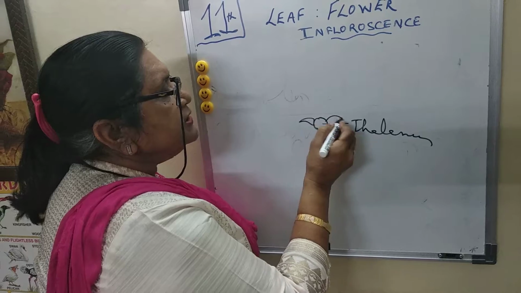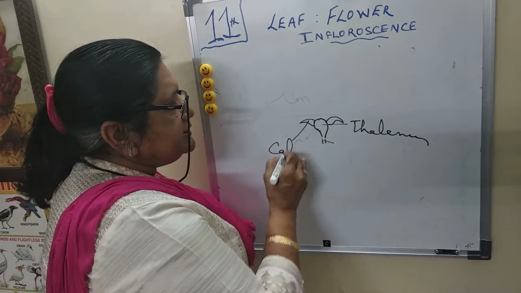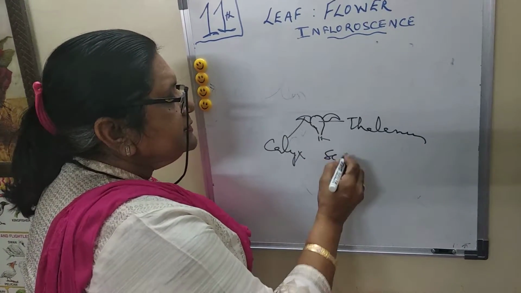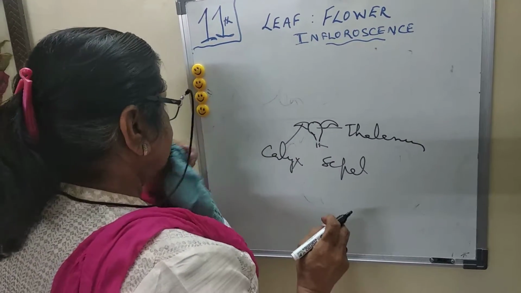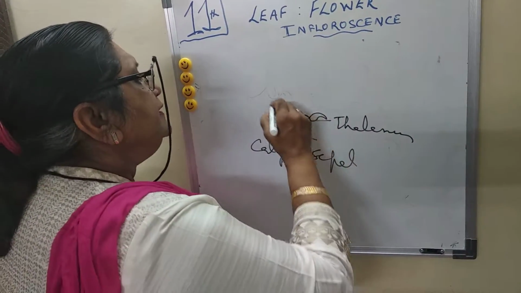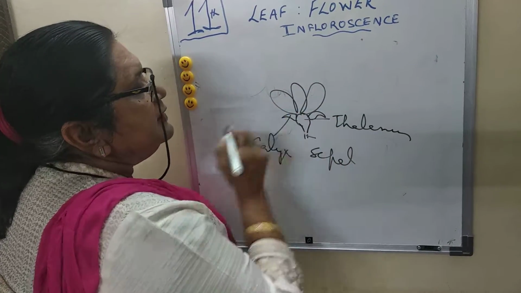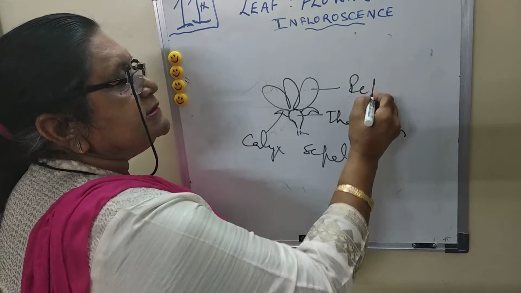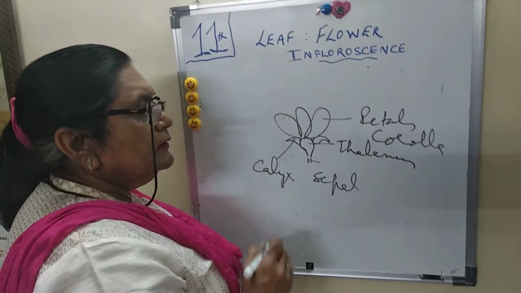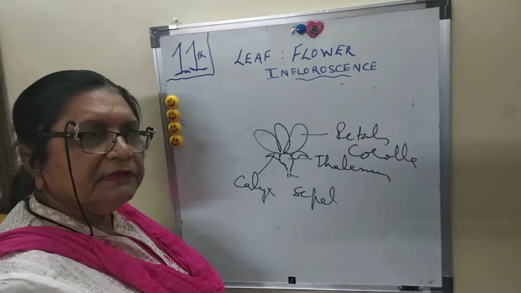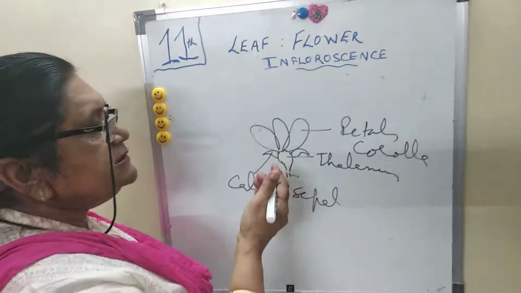Then the green structure present outside is the calyx or sepals. Then followed by the colored part, petals or corolla, of various shape, color and size, that vary.